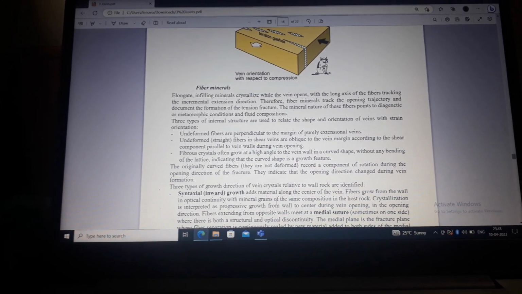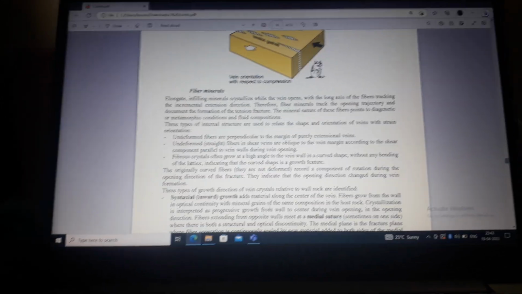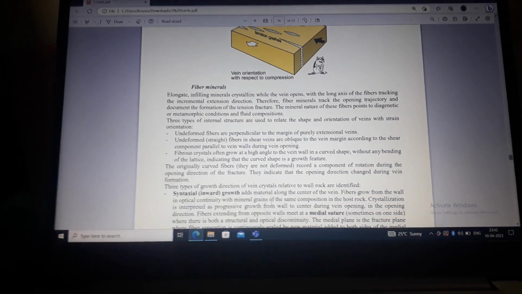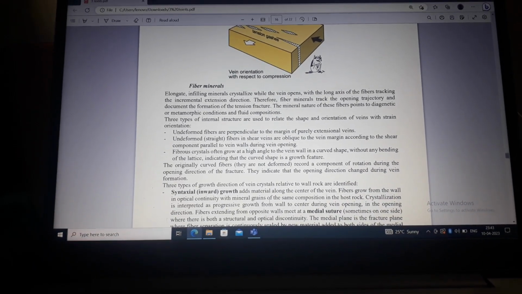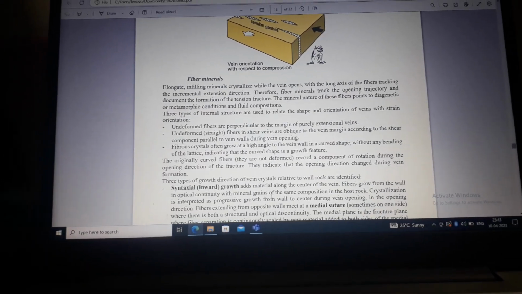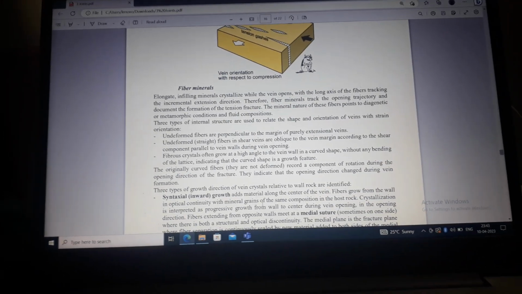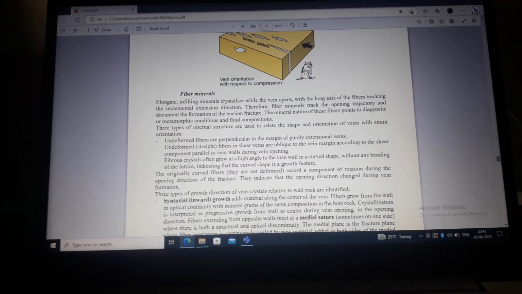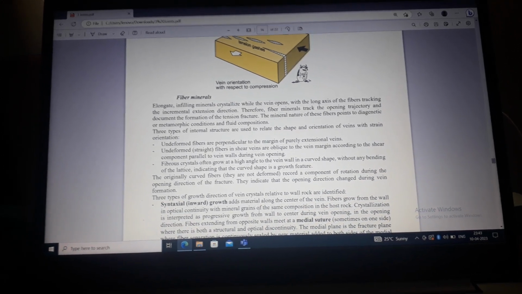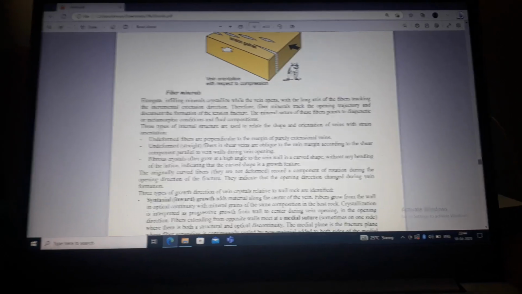Undeformed straight fibers in shear veins are oblique to the vein margin according to the shear component parallel to the vein walls during vein opening. Fiber crystals often grow at a high angle to the vein wall in a curved shape without any bending or lattice distortion, indicating that the curved shape is a growth feature.